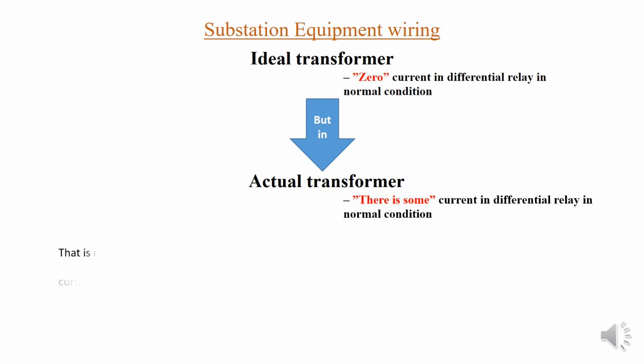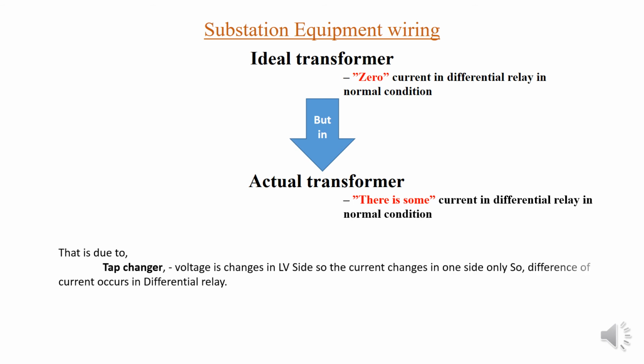Why is there some current flowing? That is due to the tap changer. So voltage changes on the LV side, so current changes only on one side. So there is a difference of current that is continuously flowing through the differential relay as well. This may maloperate the differential relay as you know. So what should be done in this case?